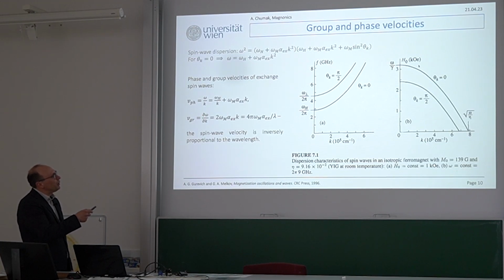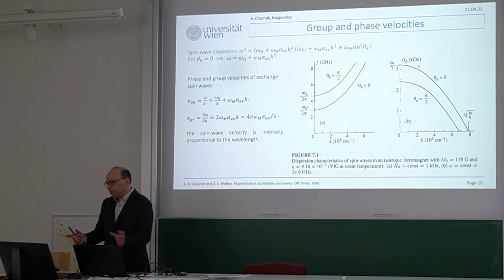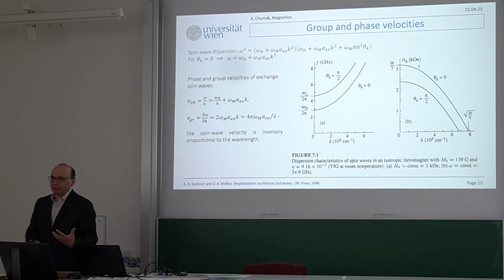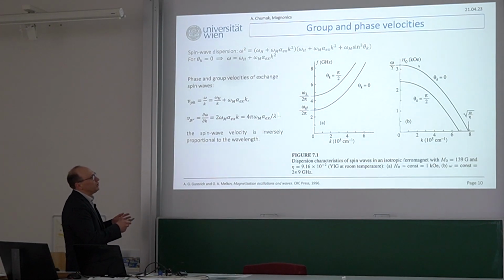If your dispersion is quadratic, then group velocity is proportional to k, inversely proportional to lambda. So it means that the shorter the wavelength, the faster your spin wave is, and the better it is for data processing. That's why a lot of effort is going on now to get shorter and shorter spin waves.